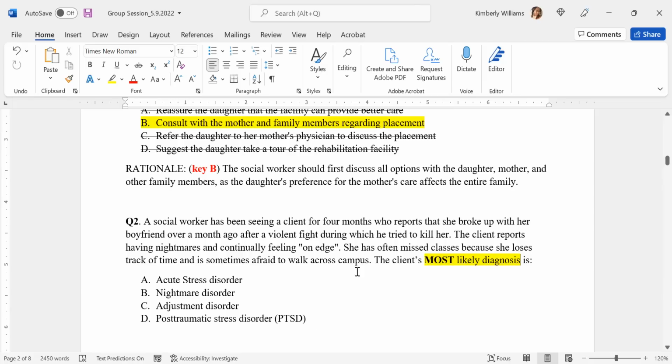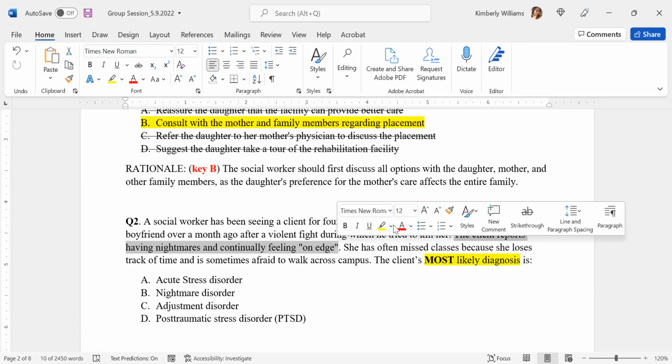Okay, so they're asking you for a diagnosis. A diagnosis of what? These symptoms. So can y'all point out what symptoms we need to be paying attention to? Nightmares and continually feeling on edge. Okay. Any other symptoms?